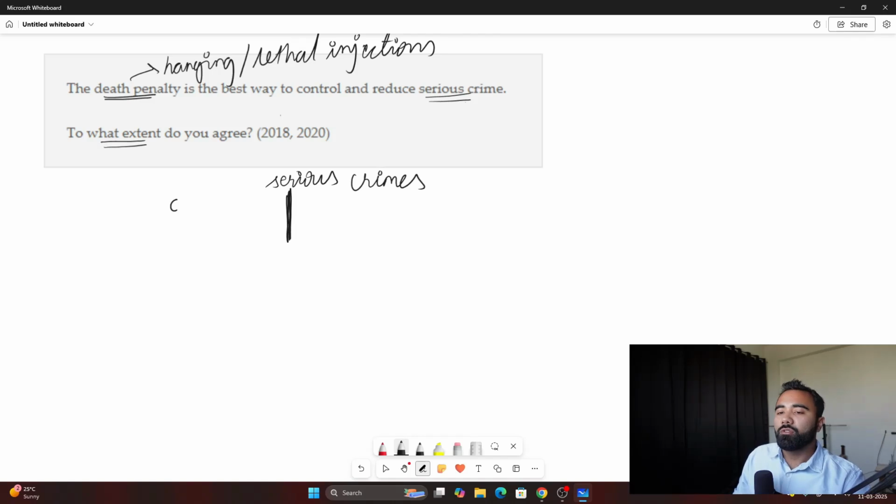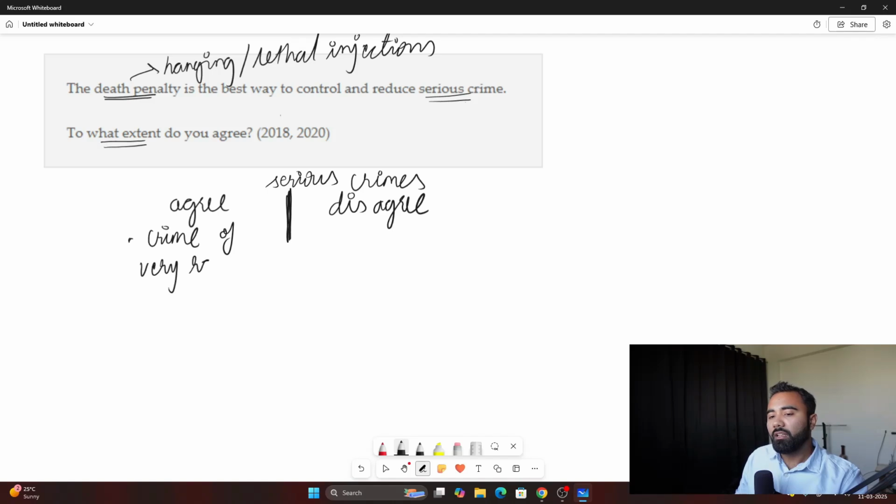So here are my conditions under which I agree that yes, the death penalty is the best way to control and reduce serious crime: when it is a crime of very rare nature, damage is maximum, or war crimes.